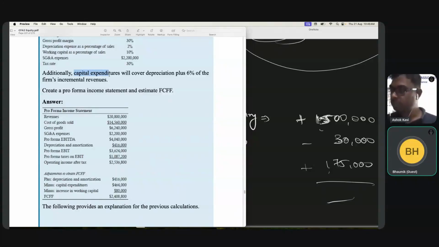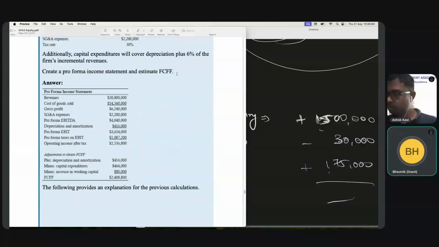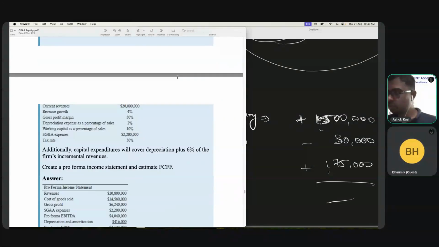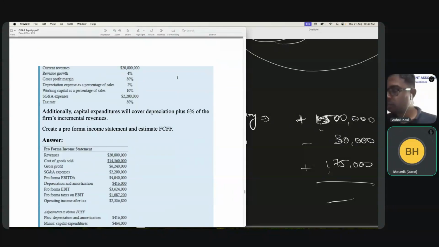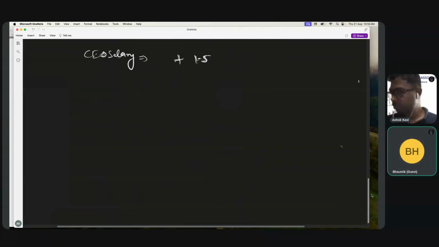Additionally, capital expenditure will cover depreciation. First we have to calculate the income statement.